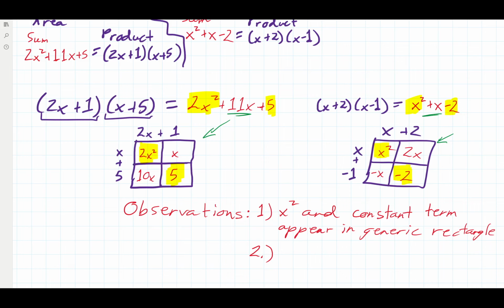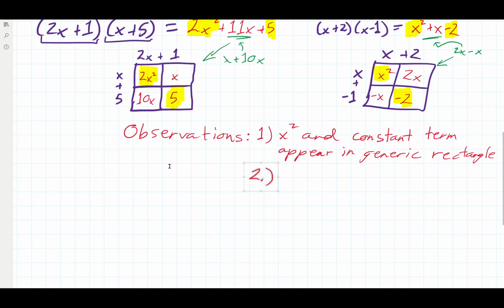But I do know that I get that 11x by collecting the like terms. x plus 10x gets me to 11x, and likewise 2x minus x gets me to positive x. And so the other two boxes appear in opposite corners.